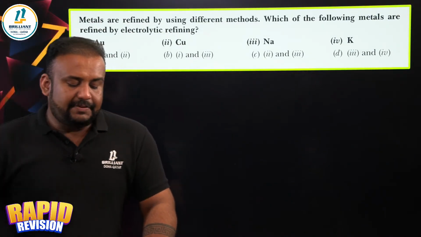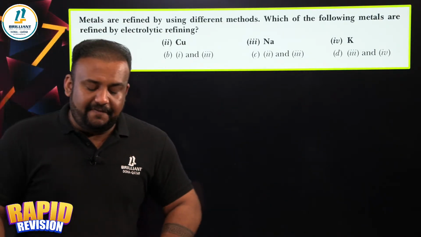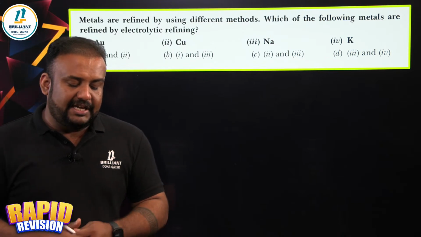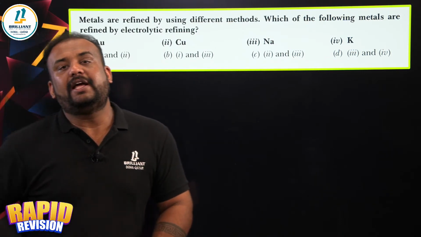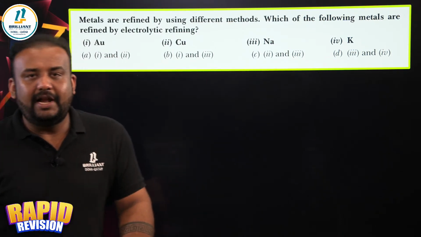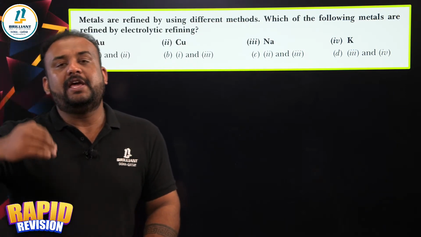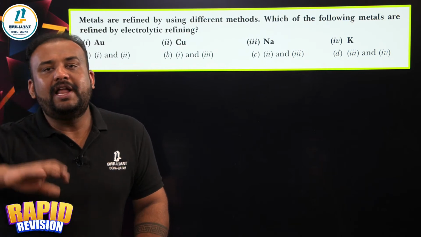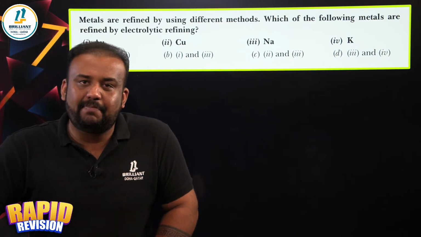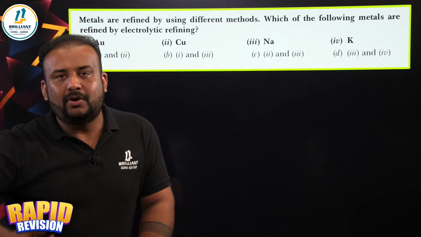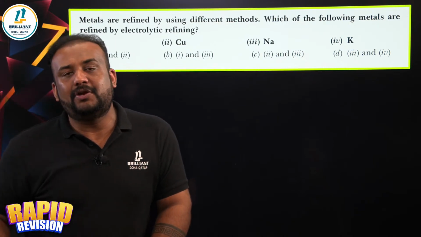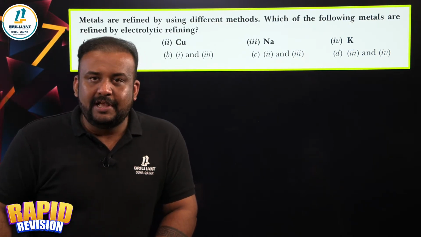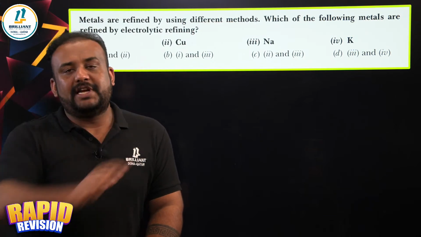Right. Next one. Metals are refined by using different methods. Which of the following metals are refined by electrolytic refining? See, usually highly reactive metals don't need an extra refining step, because we take their molten ore and subject it to electrolytic reduction, where the metal will go and deposit at the cathode.